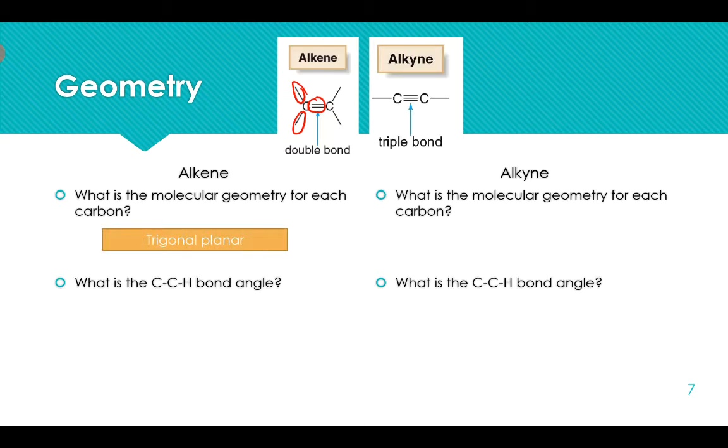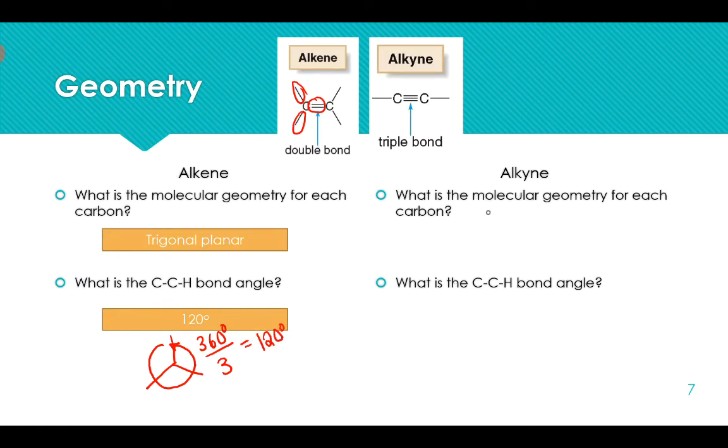So each carbon is a trigonal planar geometry. In a trigonal planar geometry, the bond angles are 120 degrees. You can remember this because a circle has 360 degrees, and if you divide that into 3 pieces, then you end up with 120 degrees.